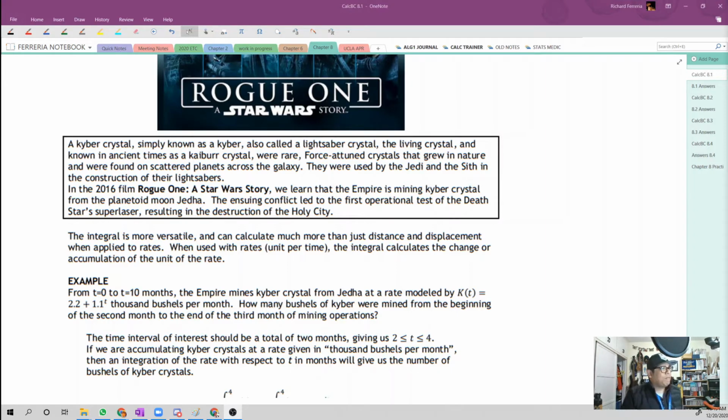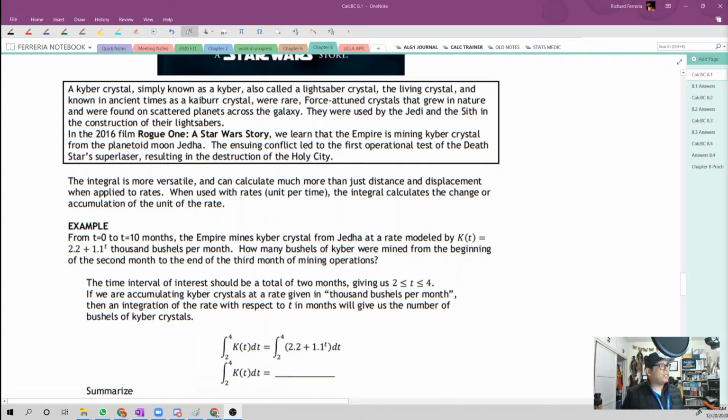The ensuing conflict led to the first operational test of the Death Star's super laser, resulting in the destruction of the Holy City. So, calculus-wise, the integral is more versatile than just distance and displacement.